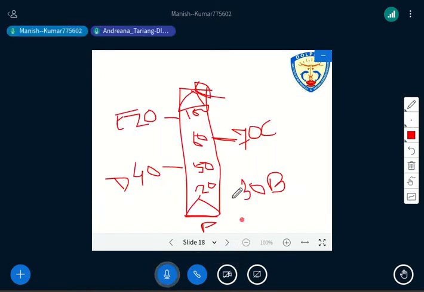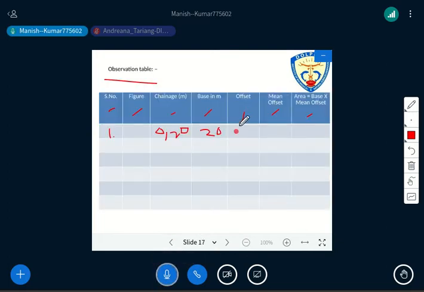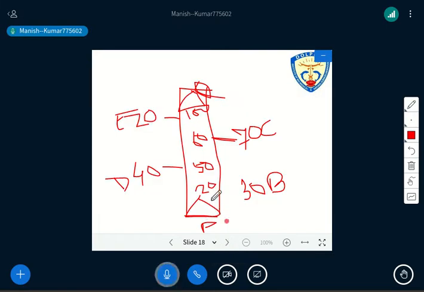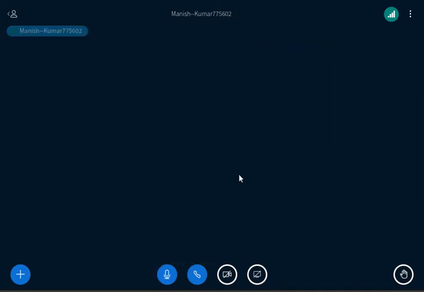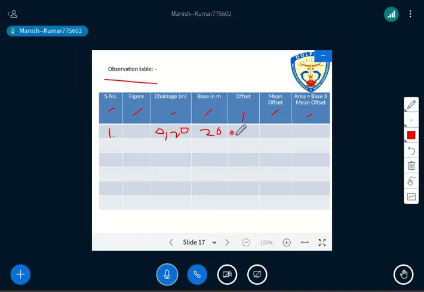Then you look at the data here, offset, right? So again you have to write two data, again 0 to 20. So offset will be 0, 20, and what will be the mean offset?